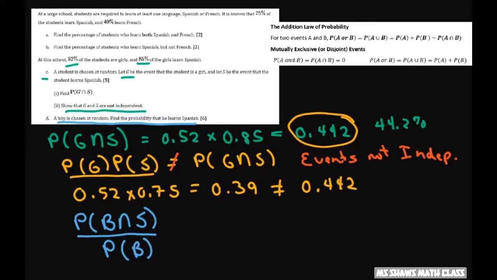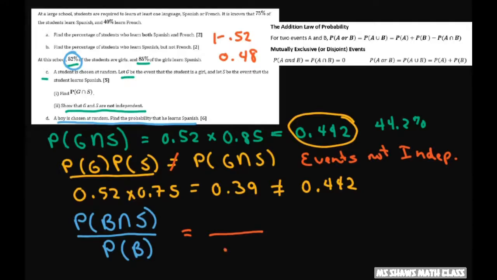So what you want to do with this is write that the percentage of boys, if the girls is 52%, then 1 minus 0.52 is going to be 0.48. So the boys is 48%. So that goes here.